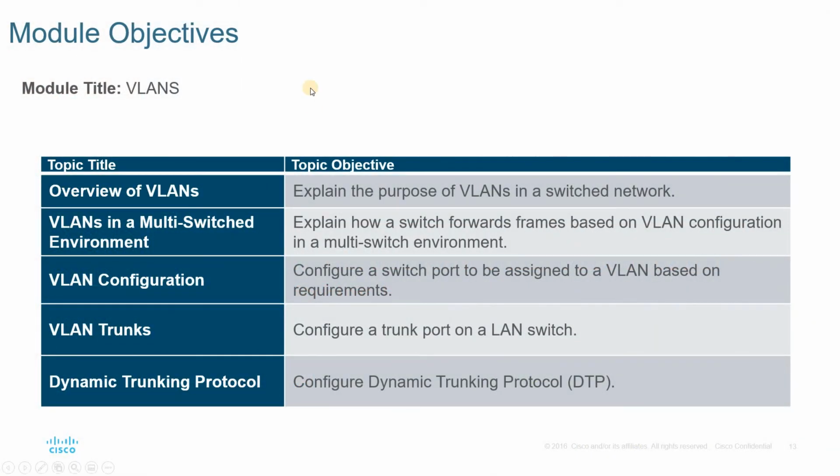Alright, so this module contains two topics. First, we're going to talk about VLANs, or Virtual Local Area Networks, wherein we're going to talk about the purpose of VLANs in a switch network, along with how a switch forwards frames based on VLAN configuration in a multi-switch environment.